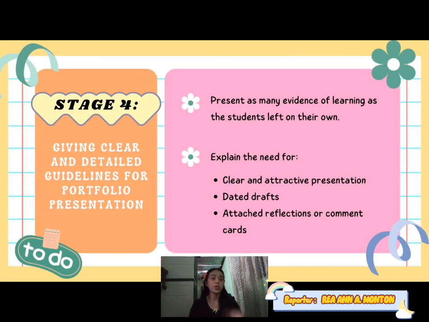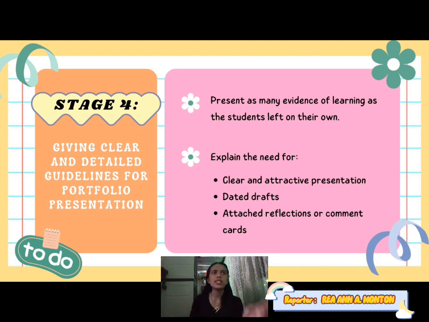Now, we are down to stage 4, which is giving clear and detailed guidelines for portfolio presentation, or delivering concise instructions on how to present your portfolio. So the student's ability to offer evidence will be limited by these constraints. Why?